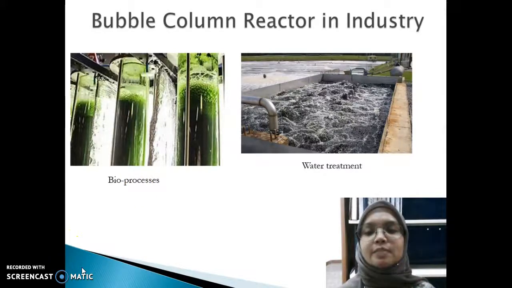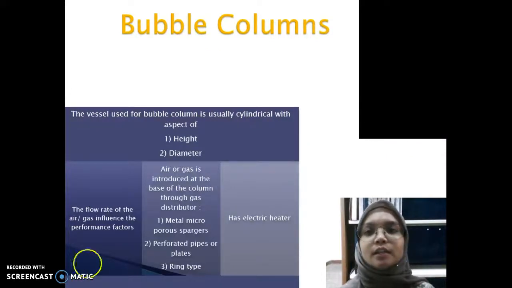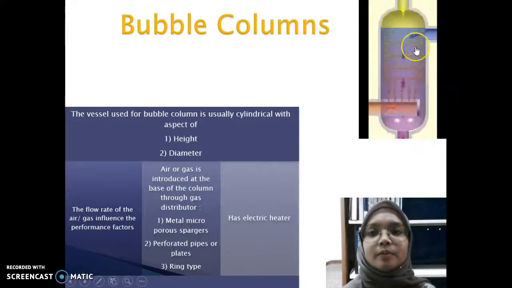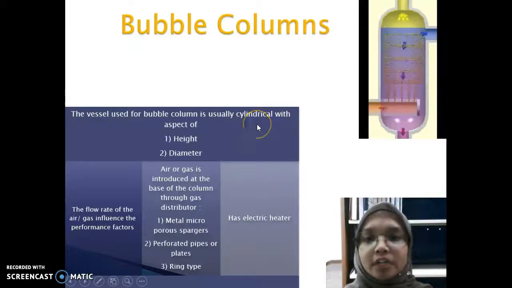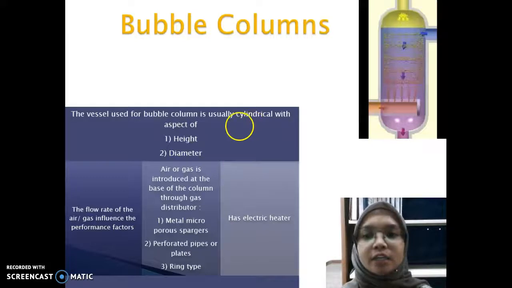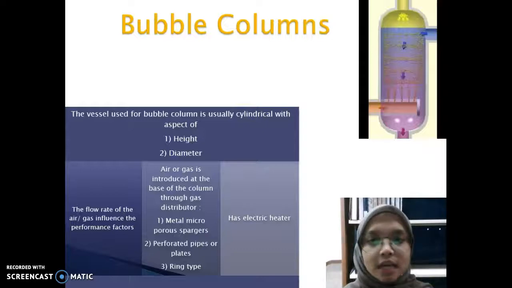Now let's move on to the specification of bubble column. This is the bubble column used in industry. The vessel used for bubble column is usually cylindrical, with an aspect ratio of height and diameter. The use of large diameter reactors is desired because large gas throughputs are involved.